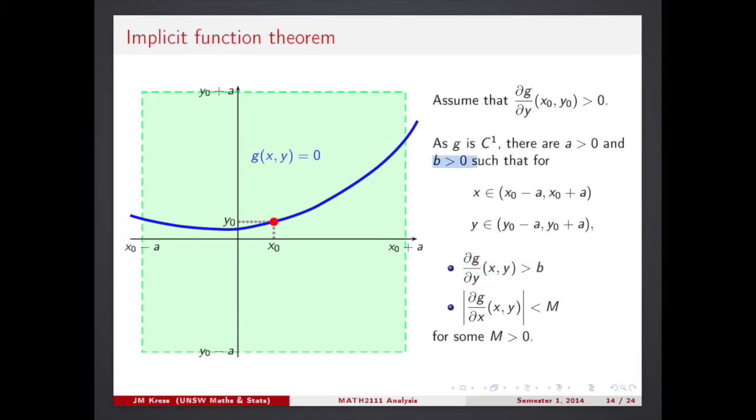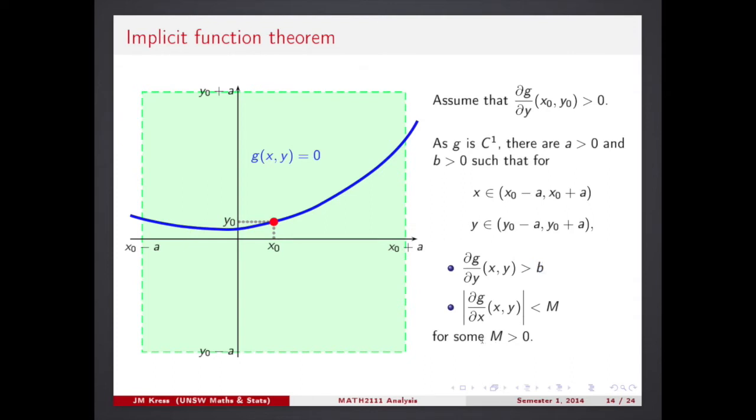There's a point B, a number B, like a cutoff from the origin, such that everywhere, not only at x0, y0, but everywhere around that x0, y0, my partial derivative is also positive. Not only positive, it's actually separated from zero, you see, by this number b.